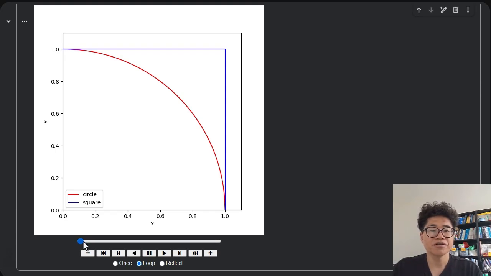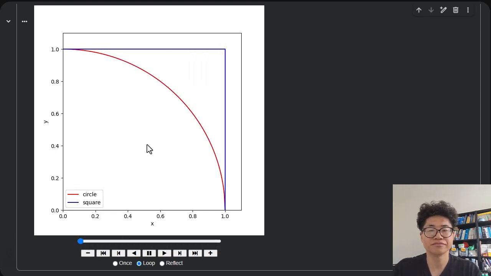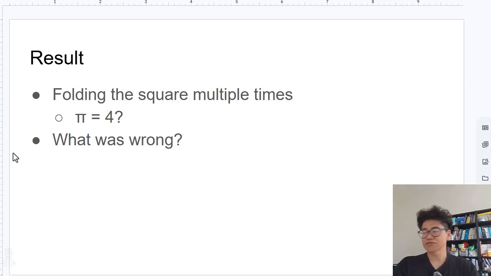However, you see, the blue line became closer and closer to the circle. In this program, I didn't change the length of the square, so folding the square multiple times resulted in pi is equal to 4. But what was wrong? But this video became a bit long, so I will explain what was wrong in the next video.